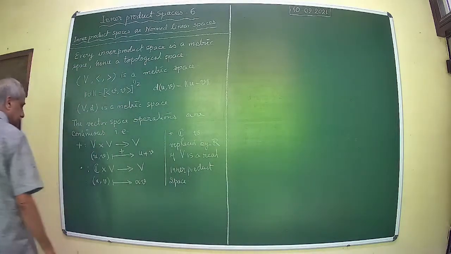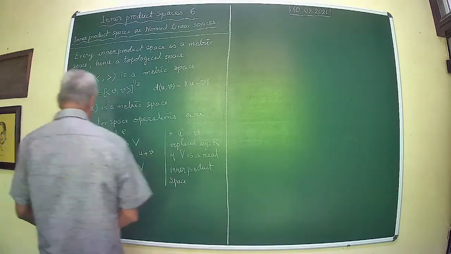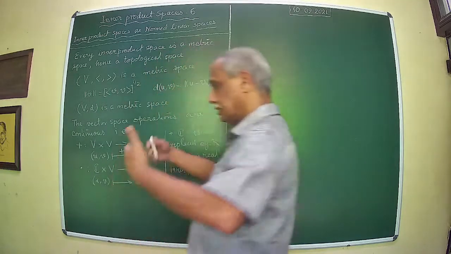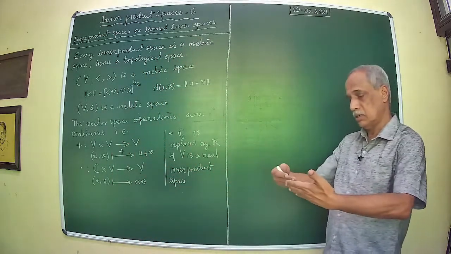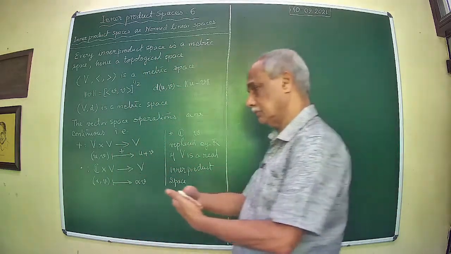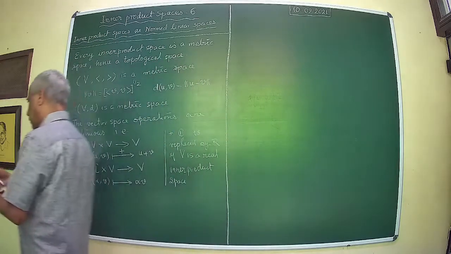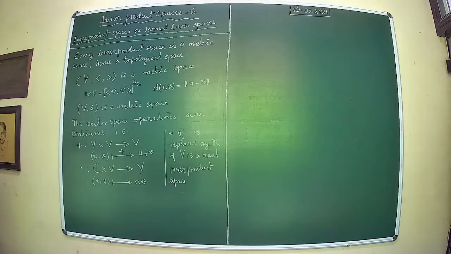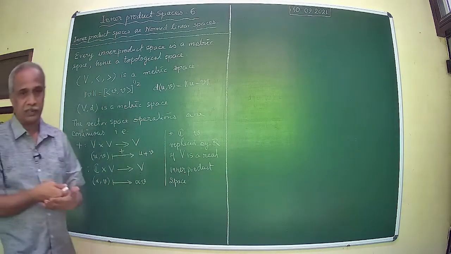So this is the following. You have now on V an operation addition. We have an operation scalar multiplication.